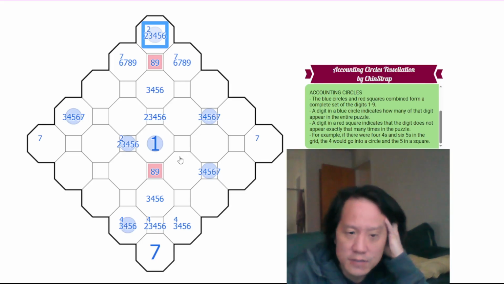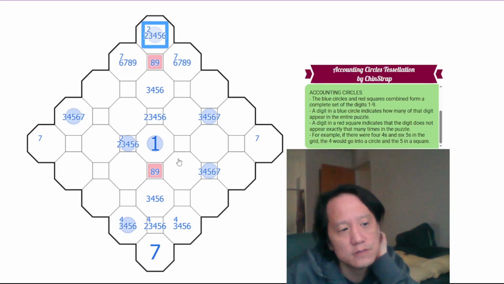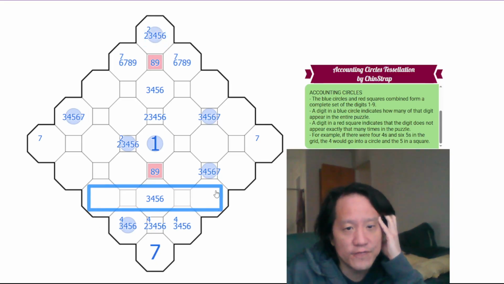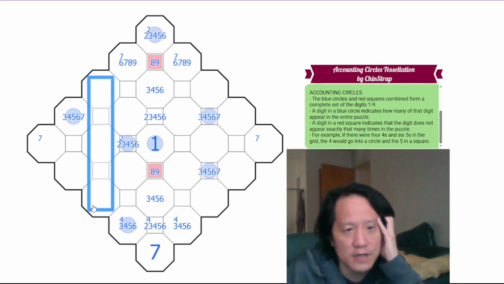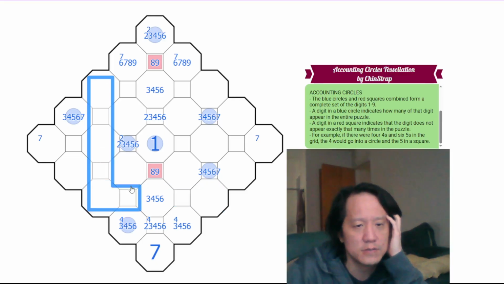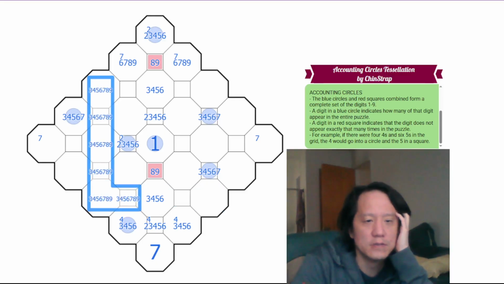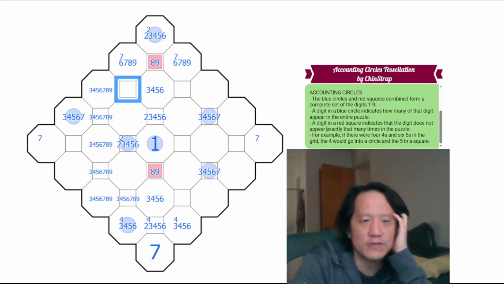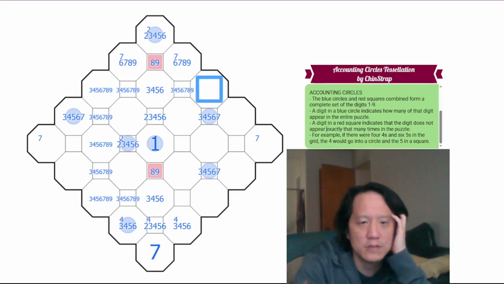We have 6 sixes. So every 5 set has to have a 7. So then this is 3 through 9, potentially. For the 5 sets. No 7 here, no 7 here.